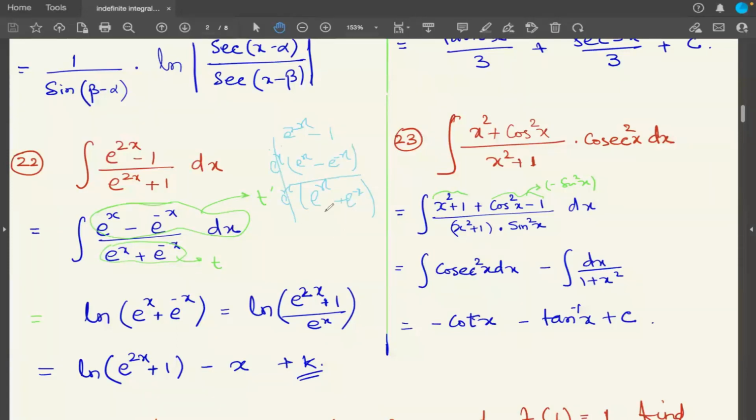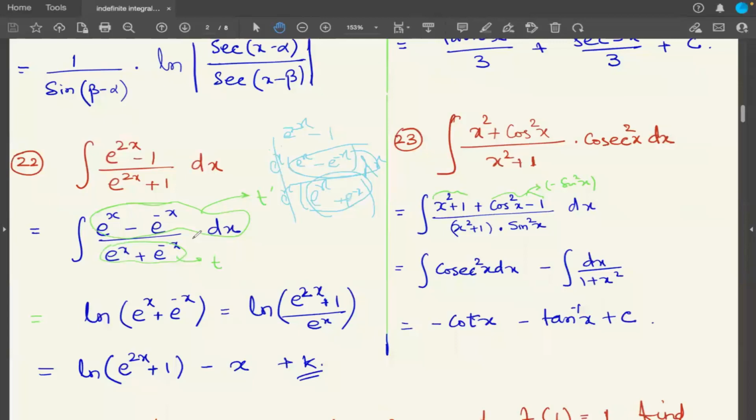Now we know that if we substitute this function as some variable u, or t, its differentiation is our numerator. So here we use the first technique of approaching complex integrals, which is the substitution method.